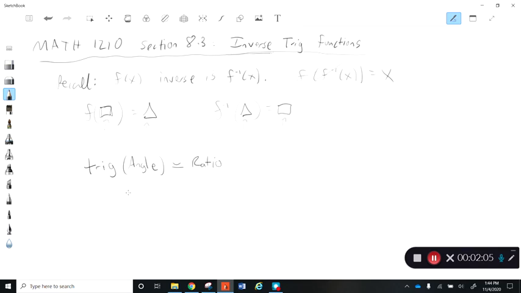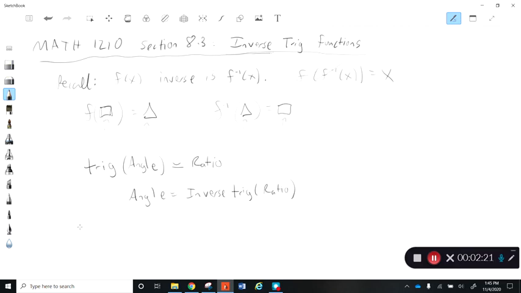So an inverse trig function should take the ratio as an input and then give us an angle as an output.